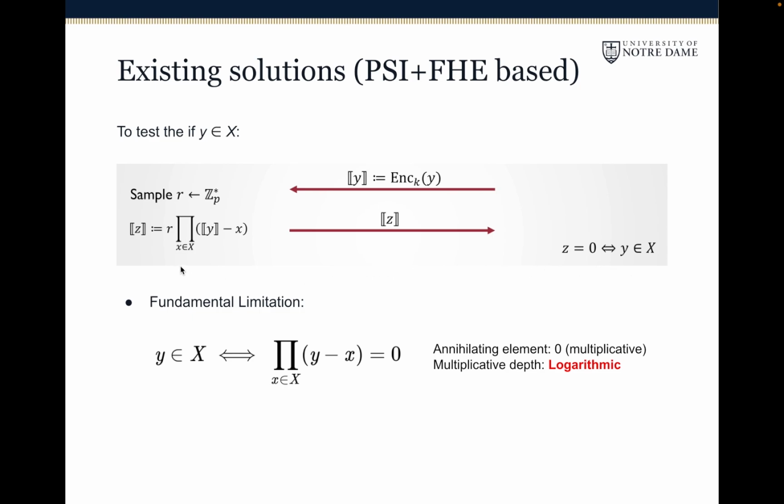As you can see here, this intersection polynomial requires all the ciphertexts from different senders to be multiplied when you are trying to aggregate them, and this is a fundamental limitation, as it increases the multiplicative depth in a logarithmic fashion, even if we are using very efficient techniques like a binary tree to multiply them together.